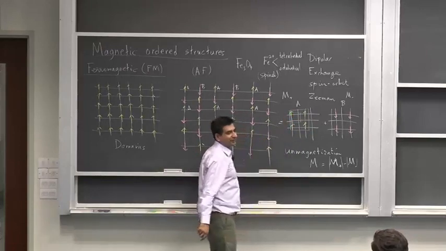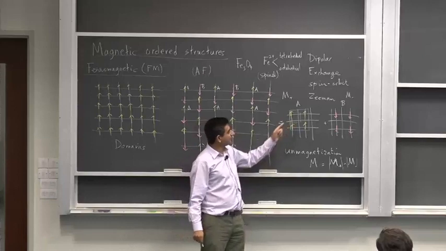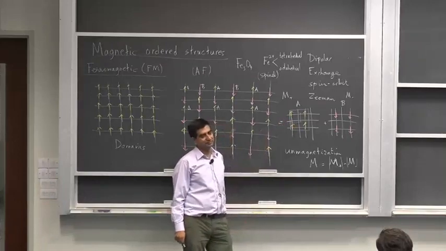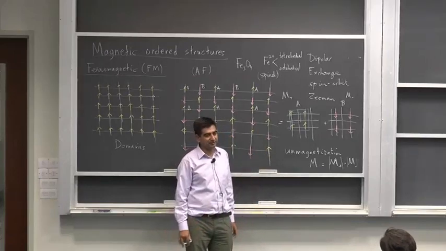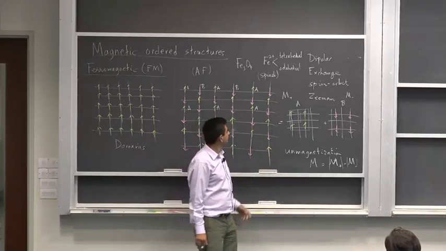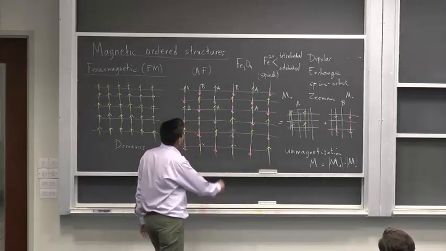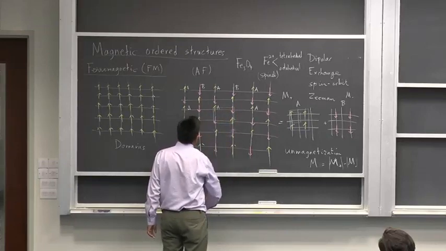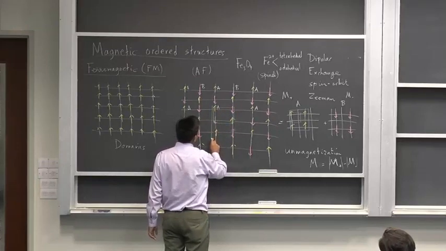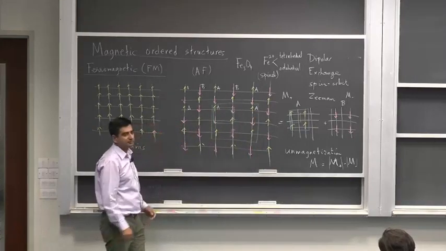The chemical unit cell is this large, but the magnetic unit cell is only this large. So the magnetic unit cell does not coincide with the chemical unit cell. And what about the unit cell of this structure? Magnetic or chemical? So magnetic. This is the magnetic unit cell, and this is the chemical unit cell.